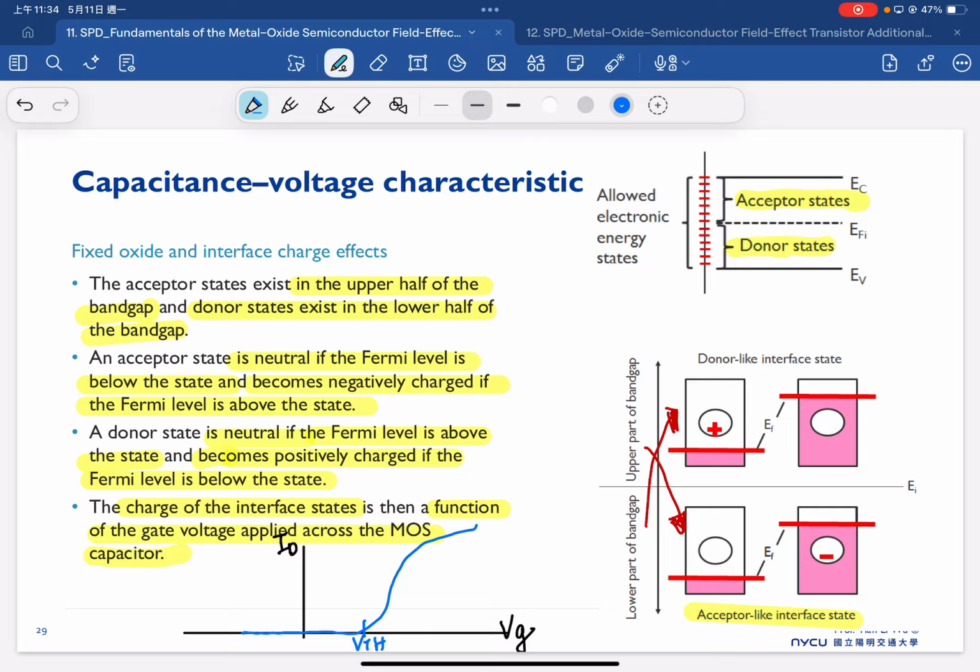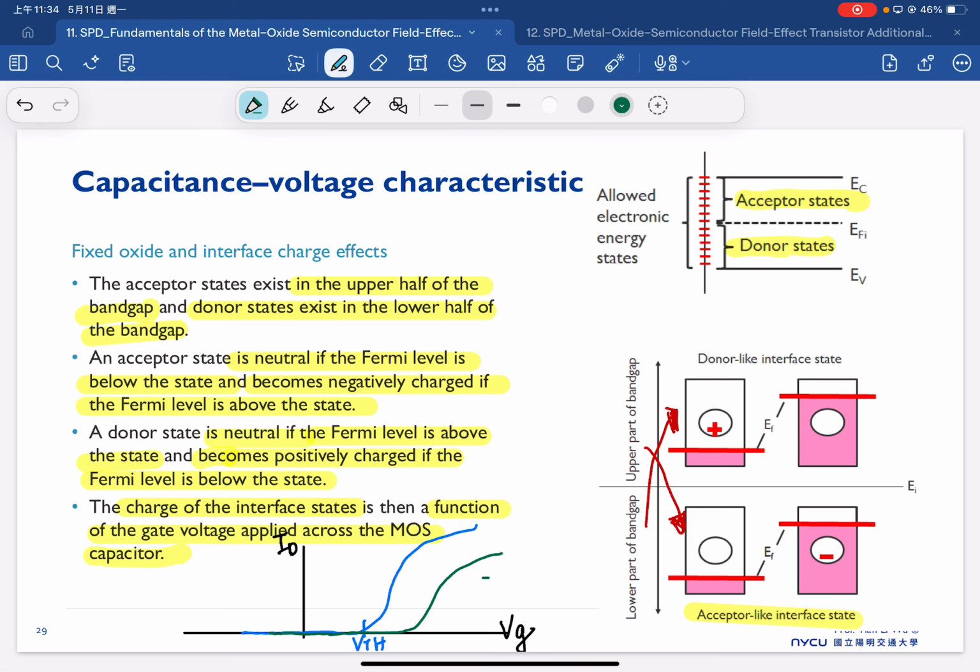But now if we have negative charge in the acceptor state, that will cause a shift of the ID-VG characteristic to the right, because now you have a negative charge there. Negative charge means you need a little bit higher bias to turn on the transistor.